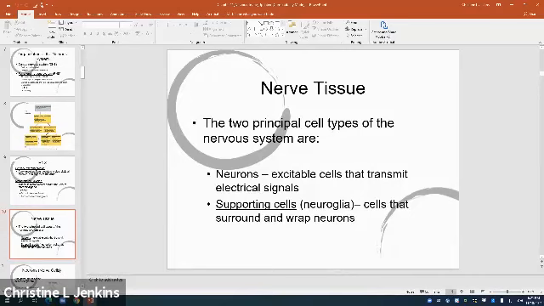But we also have a whole host of helper cells, otherwise known as neuroglia. Everyone forgets about the neuroglia, but that actually makes up pretty much half of our nervous system volume. So we have a lot of it.